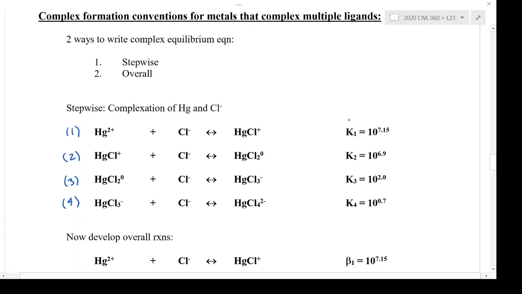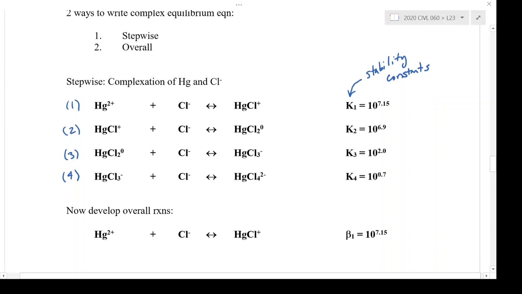The equilibrium constants that describe these reactions are K values with a subscript denoting which complex it describes, and these can also be referred to as stability constants. Using these reactions and constants, we're going to develop the overall reactions below.